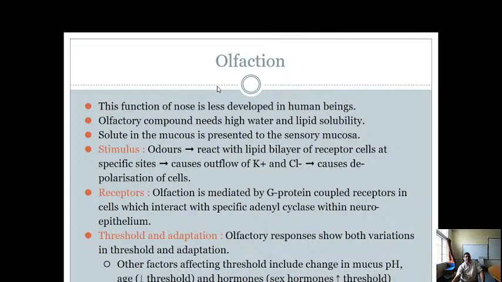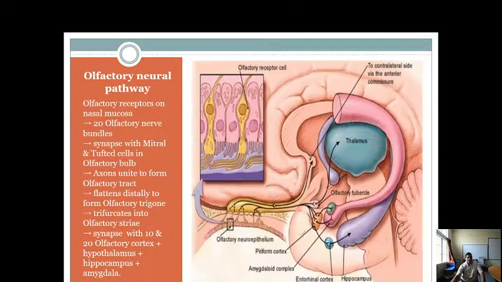The basic mechanism is that the odorous particles travel to the receptor cells and produce a change in permeability. This causes an outflow of potassium and depolarization of the cells, and that is how the impulse travels into the olfactory bulb, and from there the olfactory tract. So that is the basic olfactory function.